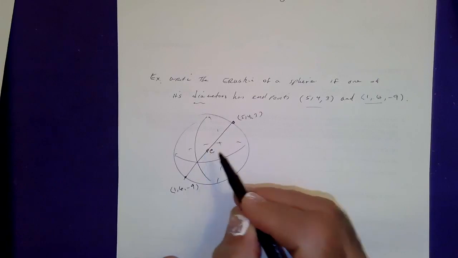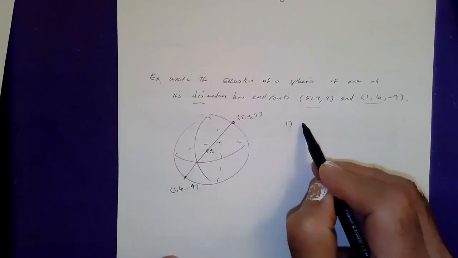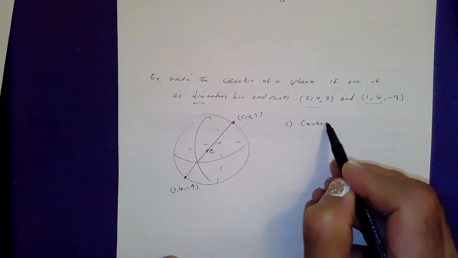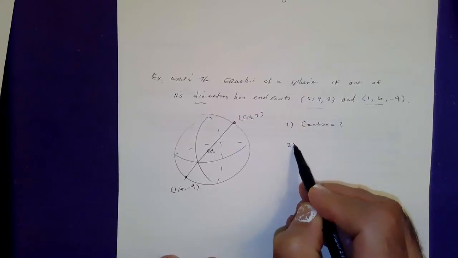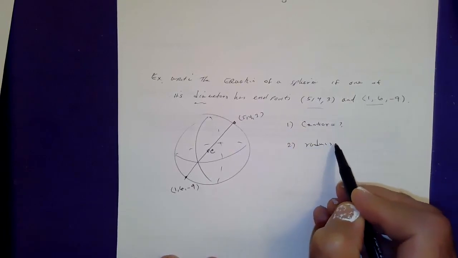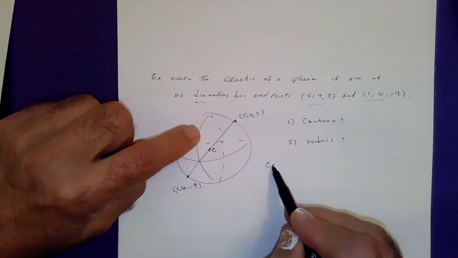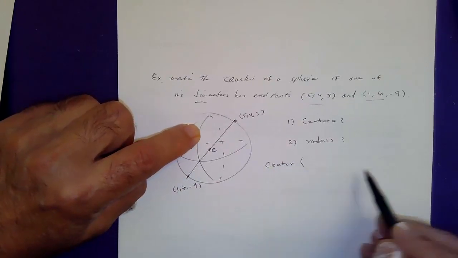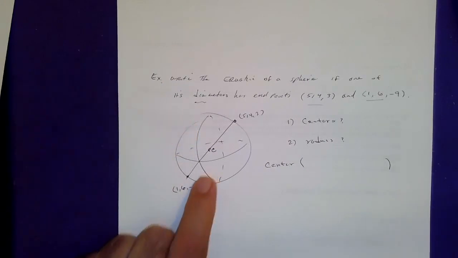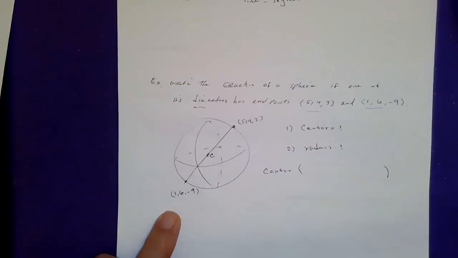Well, to find the equation, I need to find a couple of items. First, where is the center? And two, what's the radius? To find the center, I know the center happens to be the midpoint of this line segment, the diameter.